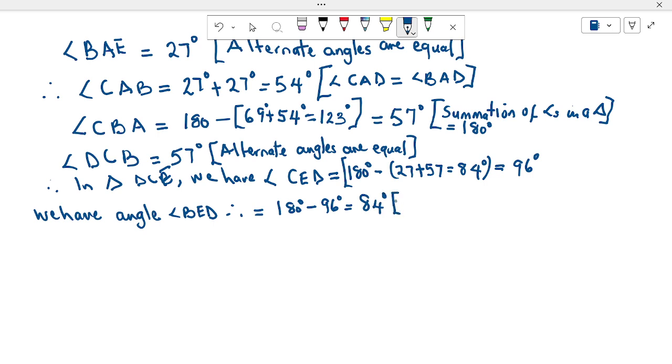Reason is angle on a straight line equals 180 degrees.